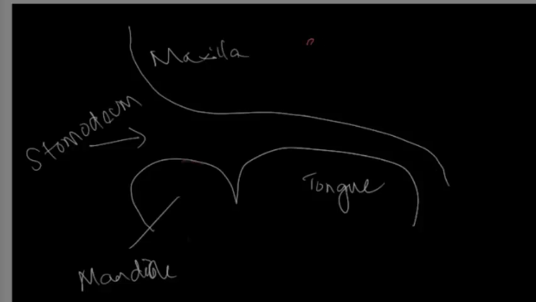Now what happens at around the 6th week, the embryo shows thickening of its oral epithelium over here, and it is now called the primary epithelial band.